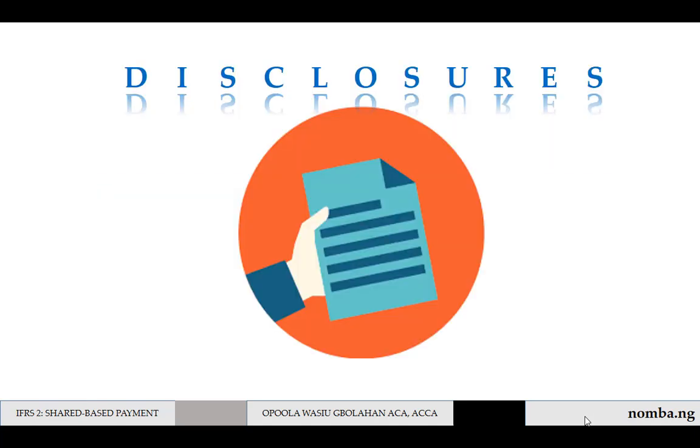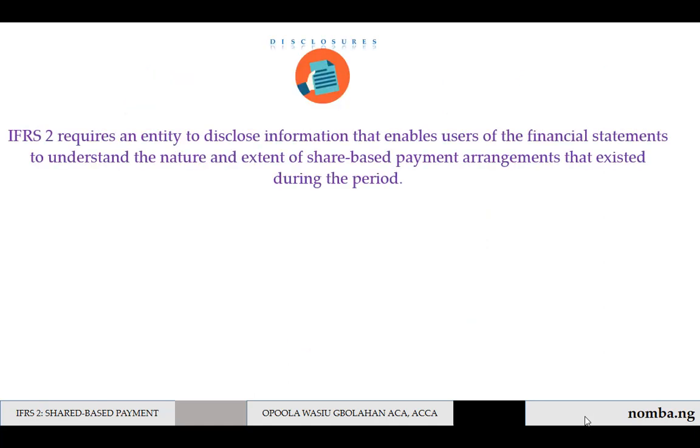Now let's look at the relevant disclosures for share-based payment transactions. IFRS 2 requires an entity to disclose information that enables users of the financial statements to understand the nature and extent of share-based payment arrangements that existed during the period.